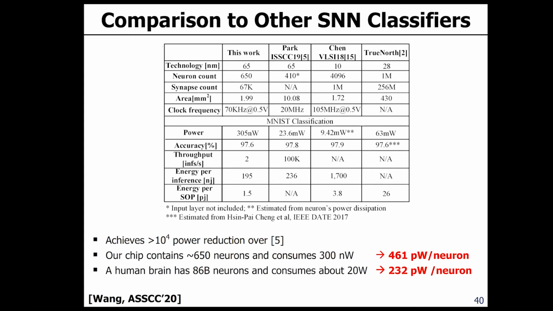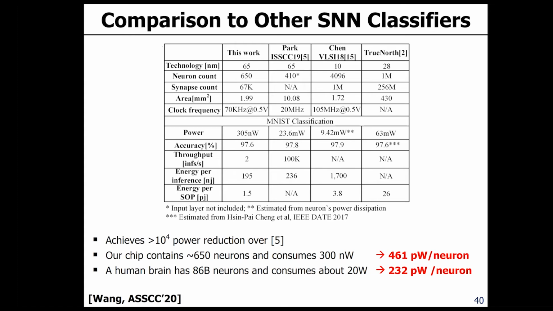All right, so one thing I want to briefly mention is that our chip contains 650 neurons and consumes about 300 nanowatts, and that puts us at around 461 picowatts per neuron, right? If you look at the human brain, it has 86 billion neurons and consumes about 20 watts. If you divide it, it turns out to be 232 picowatts per neuron. So this is very exciting because we are getting into the region where silicon neurons are close to the power efficiency of biological neurons.